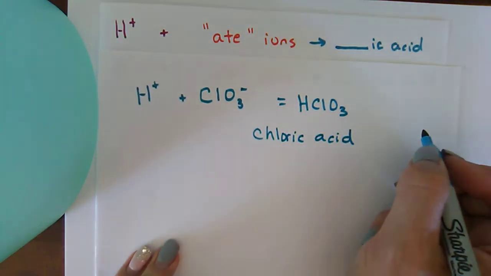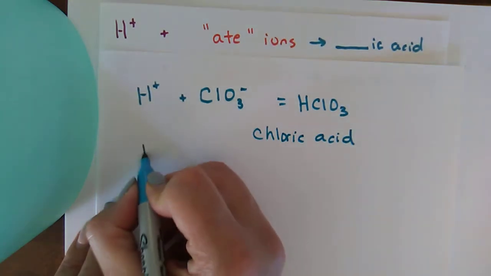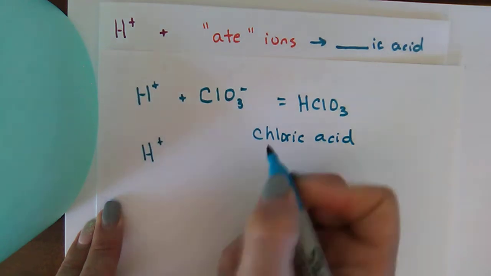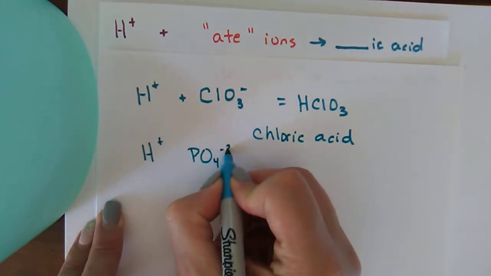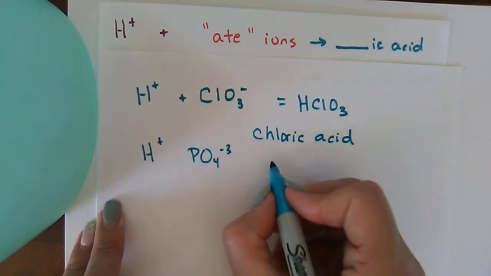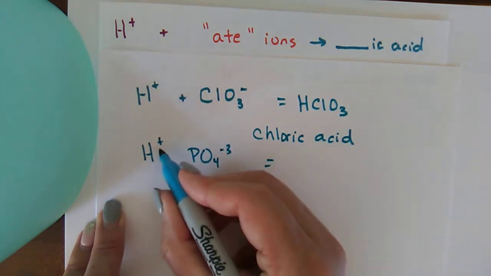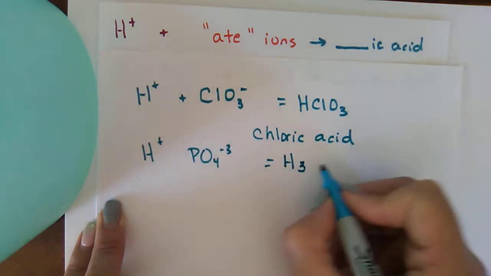So this is true of any ate ion. Suppose we have hydrogen with phosphate. Hydrogen gets +1. Phosphate is a PO4 with a -3 charge. So because this is phosphate and -3 here and +1 there, when we do a crisscross, we get H3PO4.